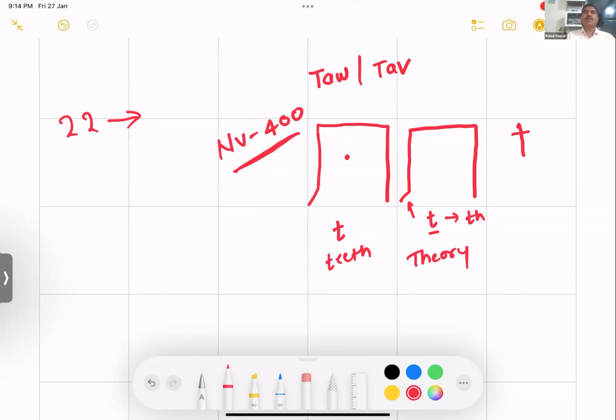Okay, so I think all the letters of the Hebrew alphabet from Aleph to Tau we are finished.